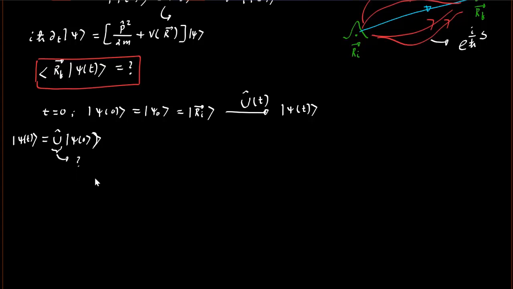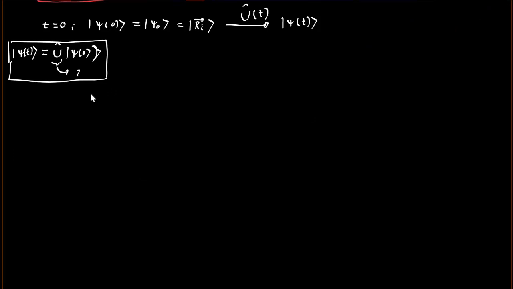Okay, now what is the nature of this evolution operator? Let's try to find out. Okay, how can I find out this thing? Well, if we put this equation in the Schrodinger equation, then we can easily find out the nature of this evolution operator U. Okay, so we have our Schrodinger equation i h cross del t psi t equal to H psi t.